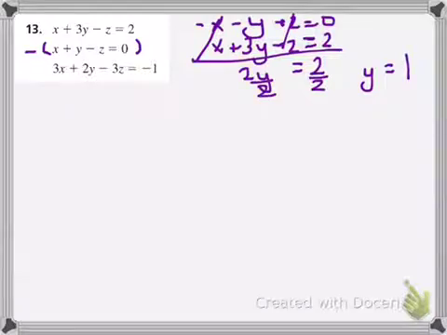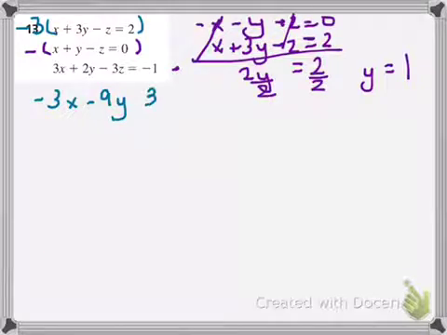And let's continue to, let's get rid of our x's again. And I definitely need to use my third equation. And in order to get rid of that, let's multiply the first equation by a negative 3. So negative 3x minus 9y minus 3z equals negative 6.